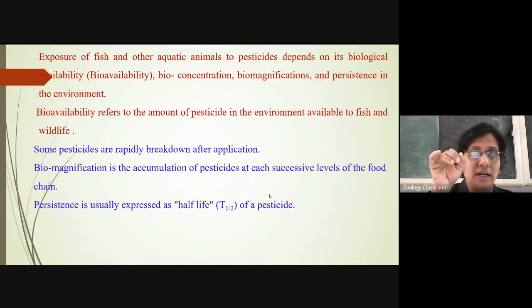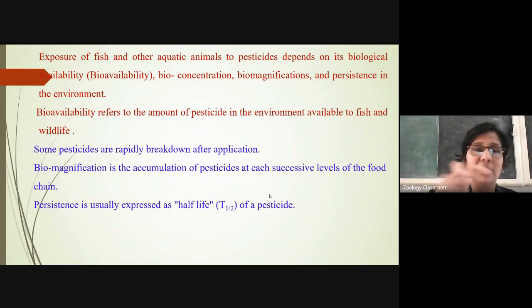Soil conditions, meaning the pH of the soil, also degrade pesticides. So persistence means a long-standing mechanism: persistent pesticides break down slowly and may be more available to aquatic organisms.